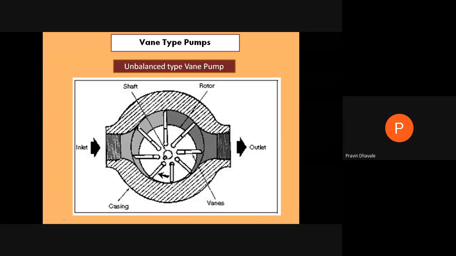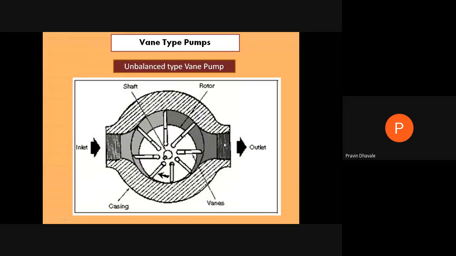And these vanes are compressed within the radial slots provided in the rotor, against the spring force. So that pressurized fluid is transferred as the rotor rotates clockwise, and it is transferred to the outlet.